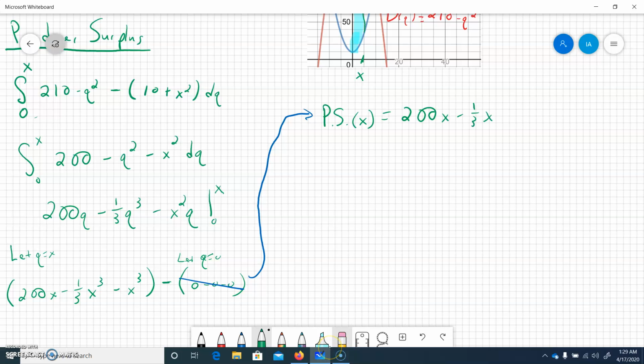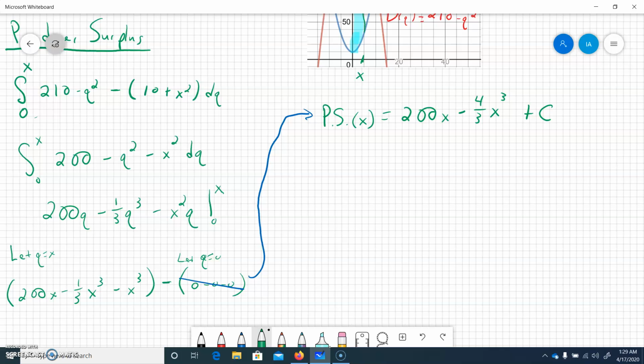Let's go ahead and combine those. We have minus 1/3 x cubed minus x cubed, so that'll be minus 4/3 x cubed. And there'd be a plus c there, technically, when we do that.